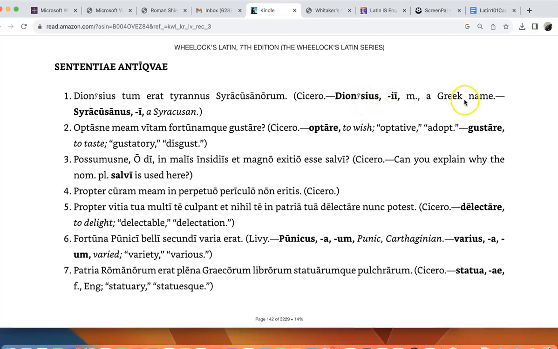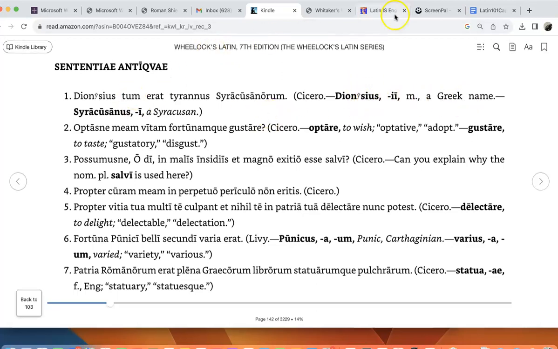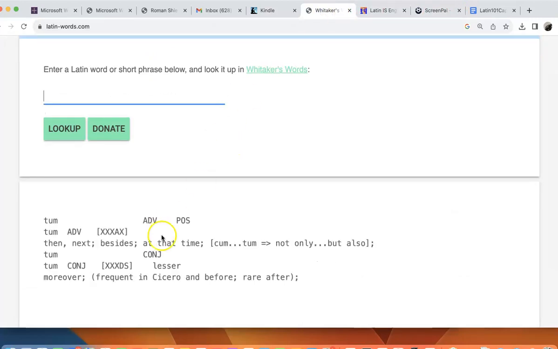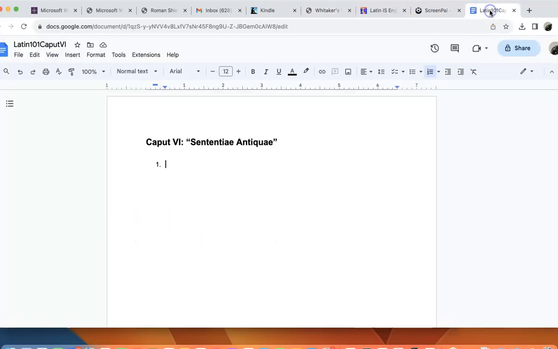Dionysius was a Greek name. Tum means then, and can also mean at that time. Again, I have my Whitaker's Words. So maybe at that time might make more sense, but it is an adverb of time. So I'm just going to say at that time.